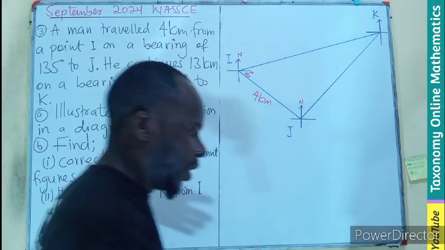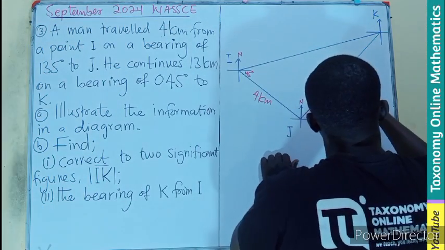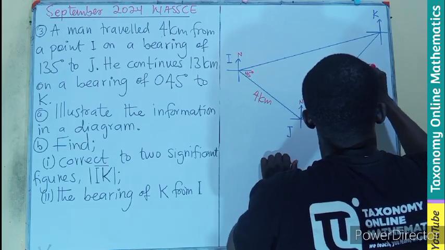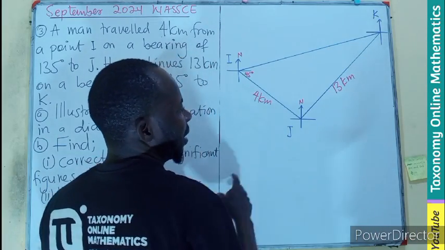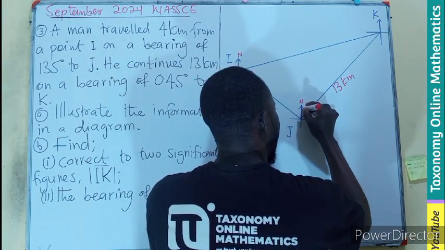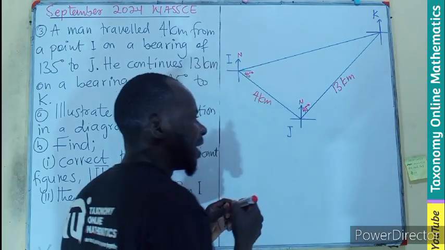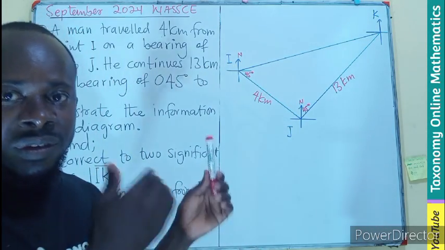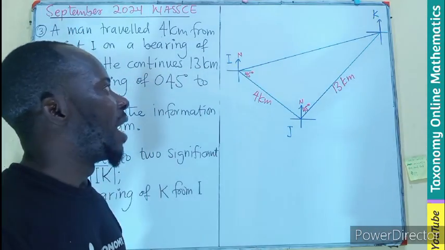Good. So now we are on a journey of 13 kilometers. This is 45. So let me indicate that as 45. Don't forget, it's a 3-figure bearing. So it's 045.